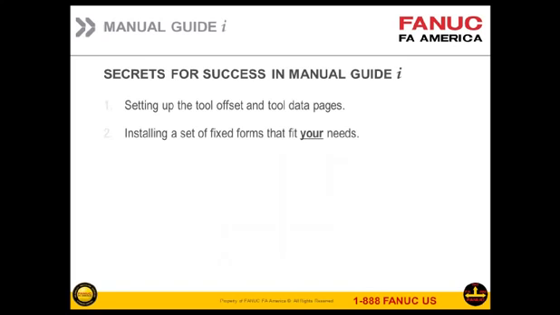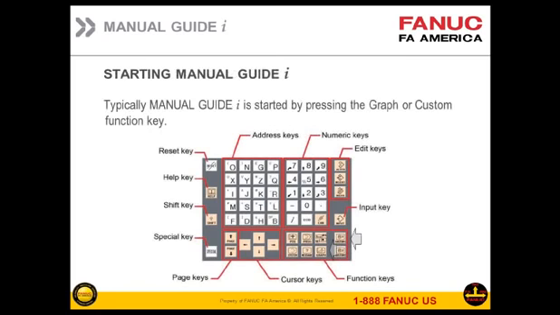Now, to actually start Manual Guide I, all builders sort of do this differently. There's a vast array of selections for what button we push to start Manual Guide I. On most of the machines I've done training on, most of them use either the graph function key or the custom function key to access Manual Guide I. What we're showing here is an MDI panel from a mill, and then the next one is an MDI panel from a Fanuc 0i-TF control for a lathe, and it's got arrows pointing to the spot.